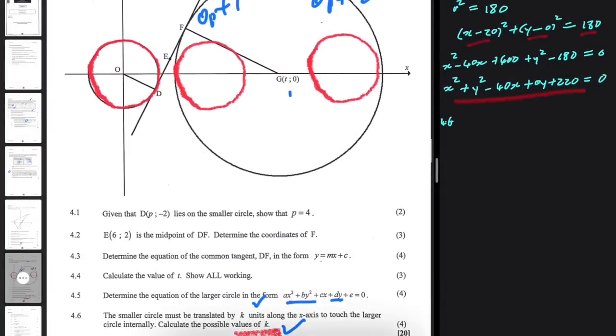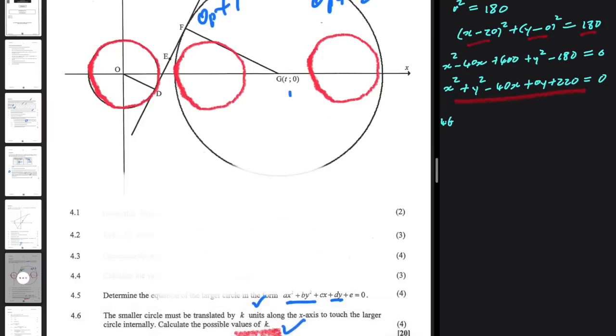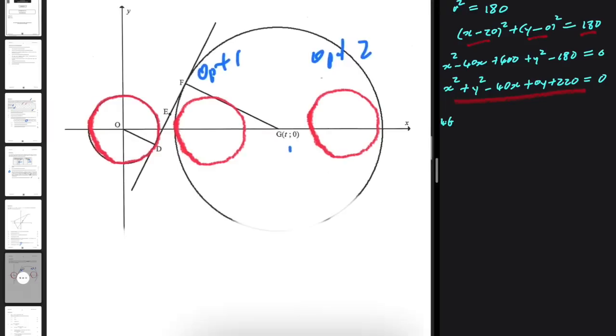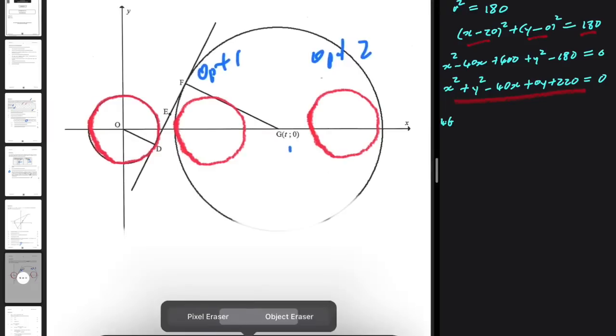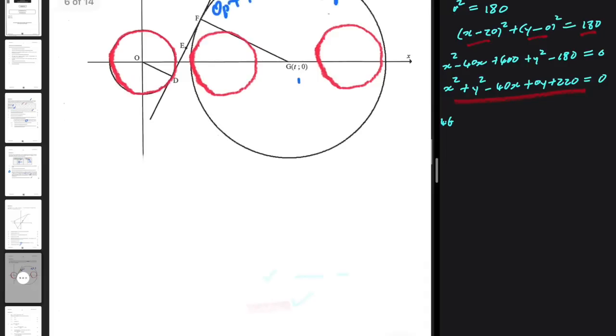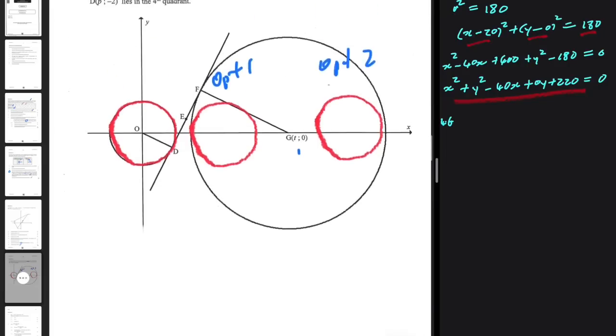I will erase all this so that I have somewhere to write, and I'll show you what I'm talking about. I don't want to erase the larger circle. What am I doing? The larger circle must be there. All I want to erase is all these words so that I can have space to write in.